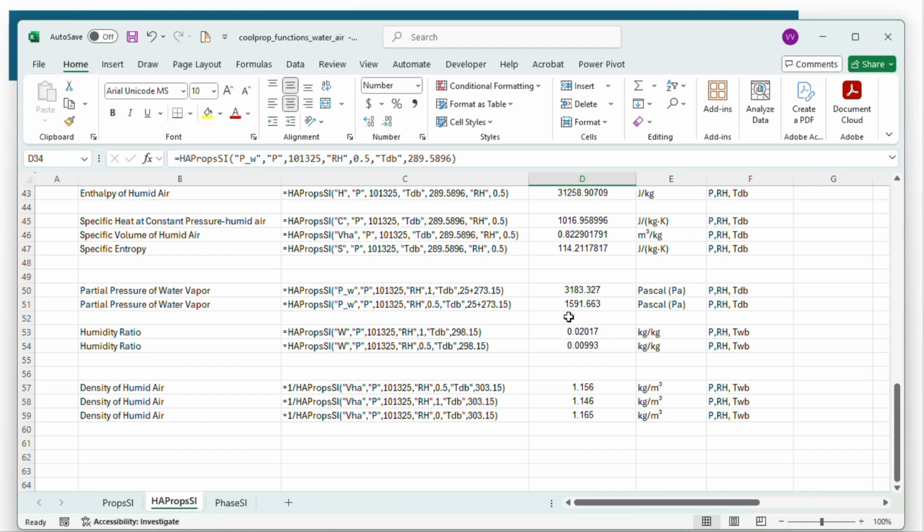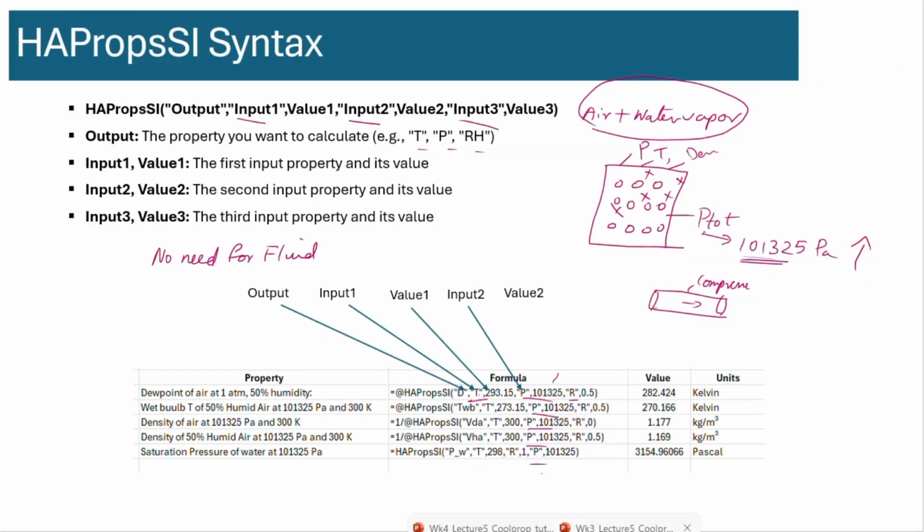Depending on the homework and assignments, you might have to come back here and look at how things are calculated using some of the example formulas here. Okay, that was all about HAPropsSI, humidity air props SI, syntax and its usage.